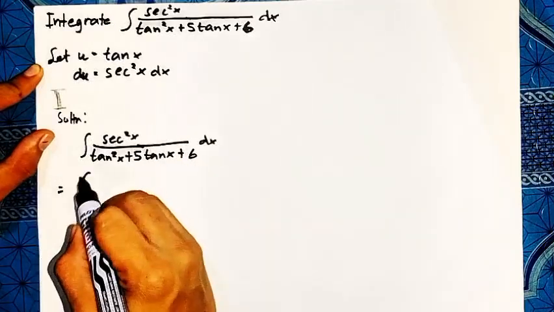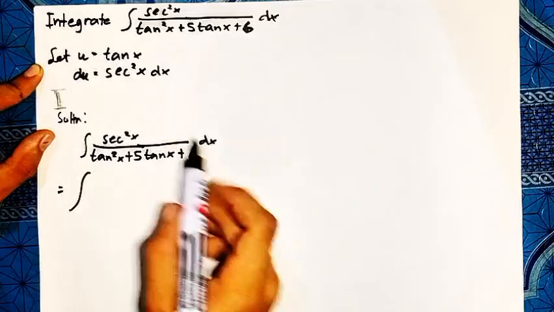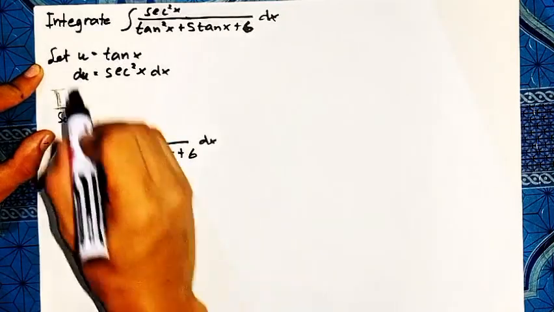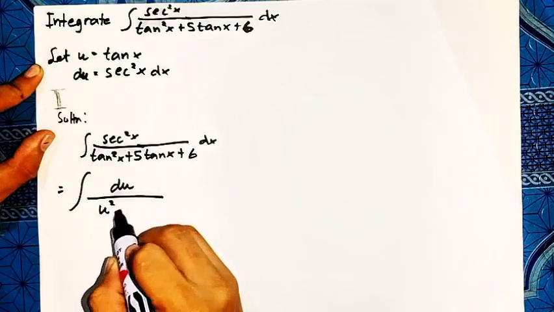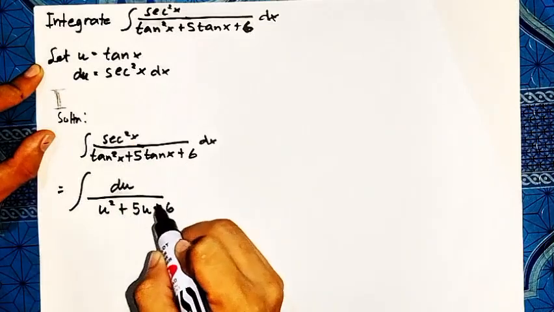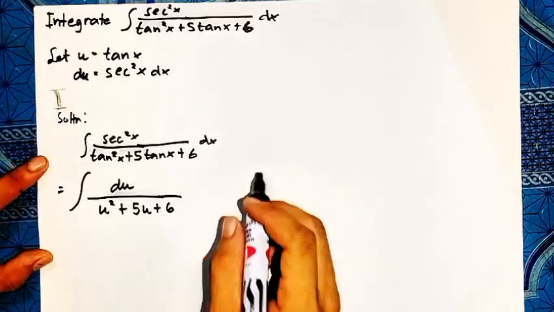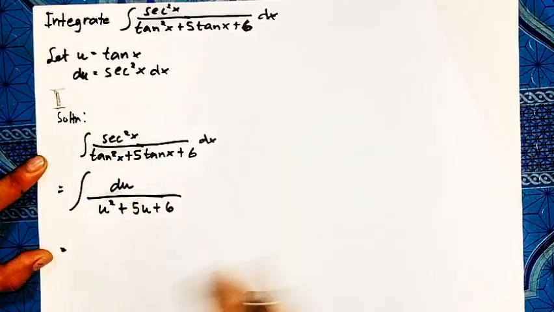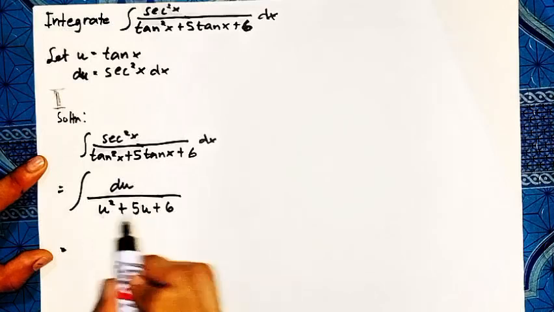Now let's substitute. We have secant squared x dx, this is our du, over tan squared x, which is u squared, plus 5 tan x, or 5u, plus 6. Next, as you can observe in this equation, we can factor this denominator, right?